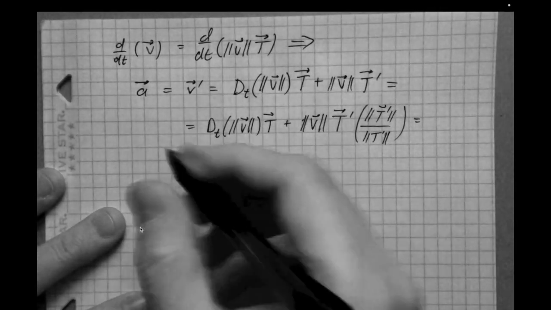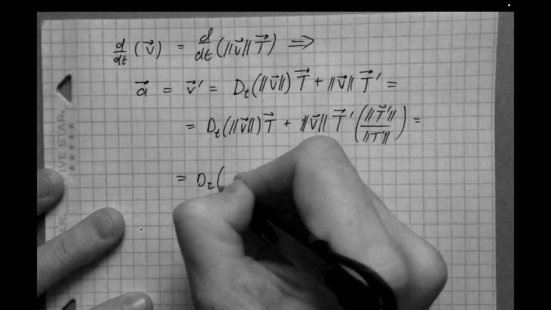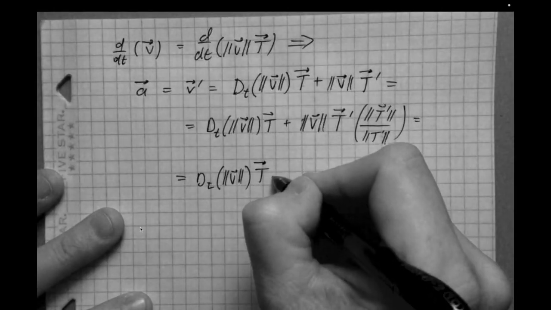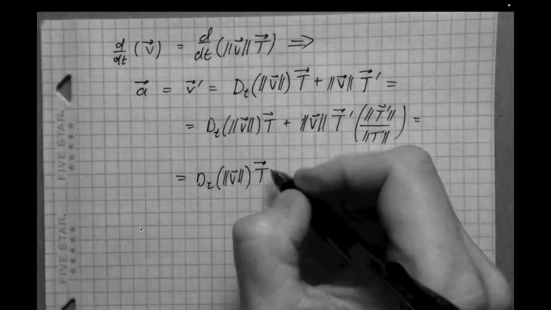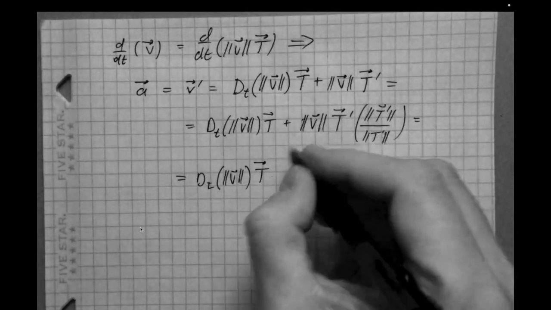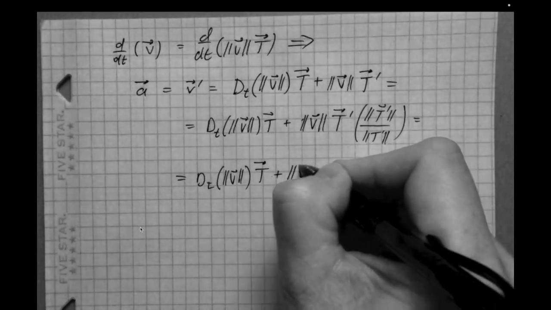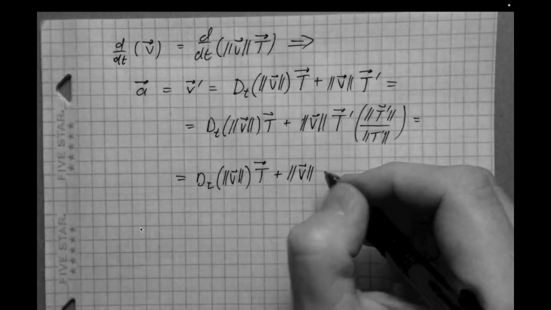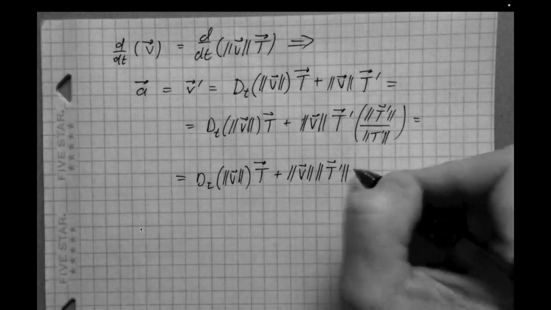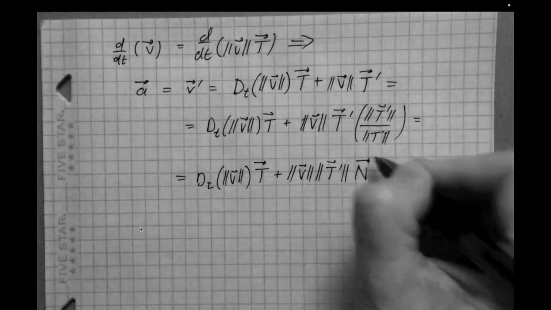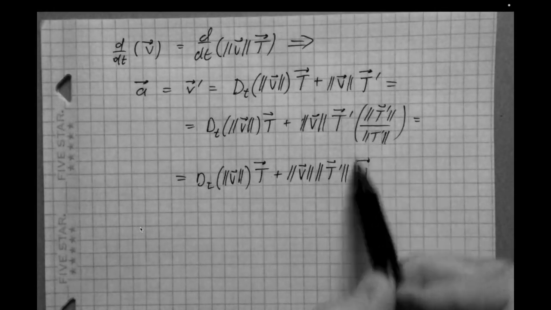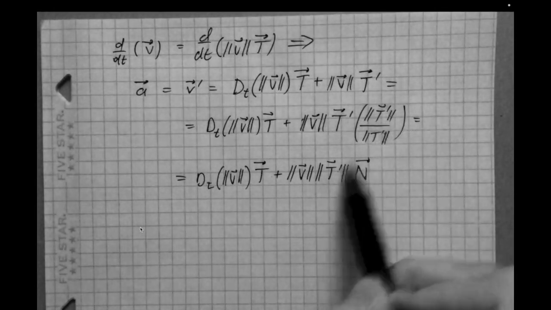Now, T prime divided by the norm of T prime, that's the normal vector, right? So we can write it like this. This will be the norm of T prime times the normal vector N. So this one here and this one here became the normal vector, and this one here we just kind of leave behind.